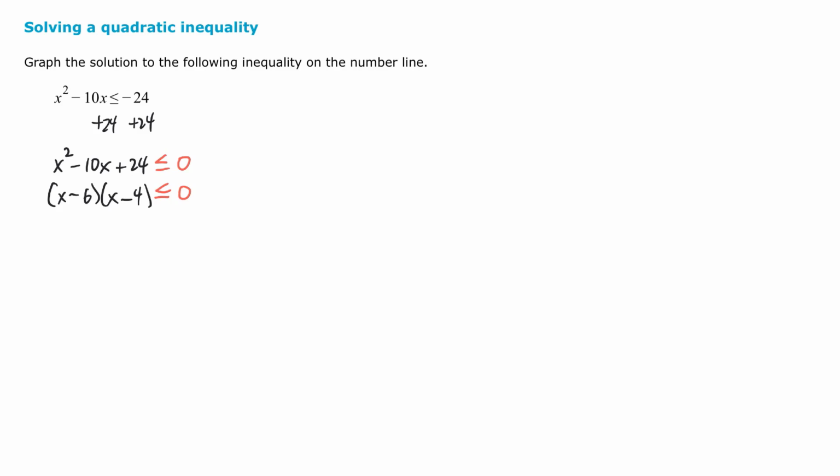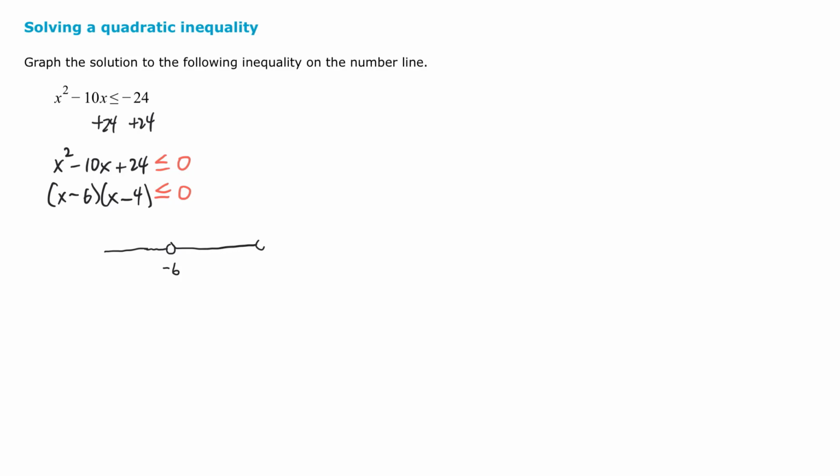What does this mean? Well, this means we're going to test around your x-intercepts. Test around your x-intercepts on a number line. Let's try this again here. You don't have to draw this perfectly to scale or anything, but you do need to put negative 6 here.